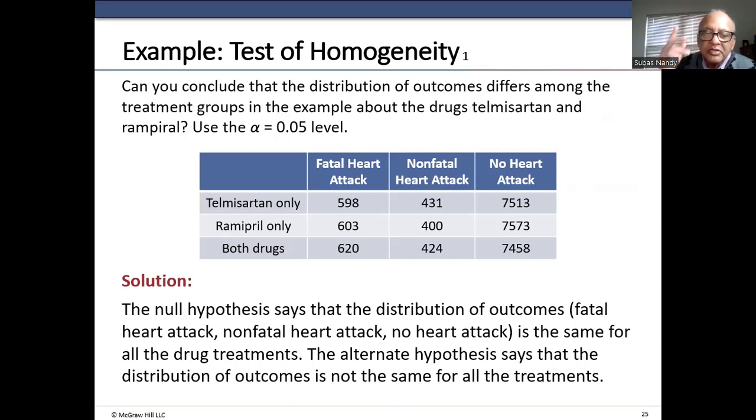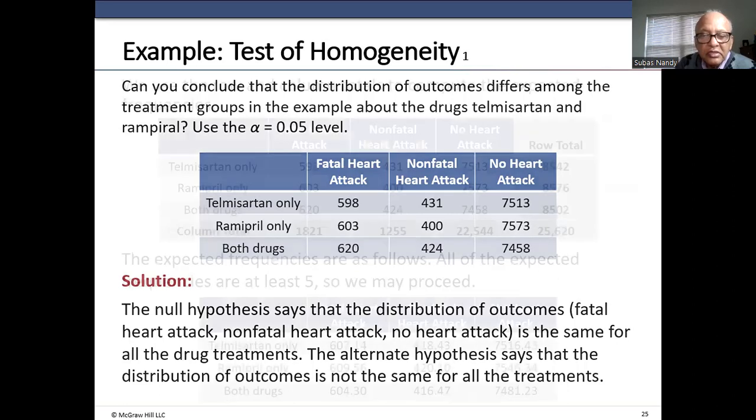What are the three drug treatments? T only, R only, and both drugs. Null hypothesis, distribution of outcomes, results, is the same for all the drug treatments. The alternate hypothesis says that the distribution of outcomes is not the same for all the three treatments.